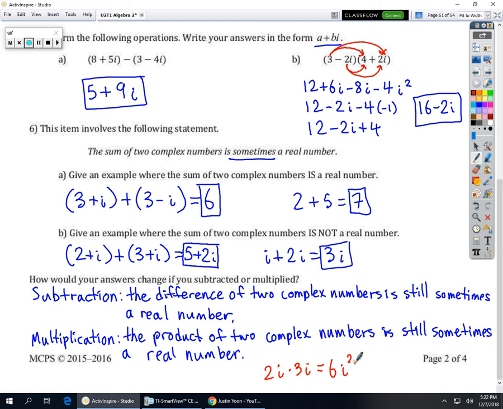Remember, if that's i squared, that is no longer complex. That changes to a real number. This is because the i squared changes to -1, meaning that's -6. So here's one of these sometimes examples where it is a real number. So put some focus on the fact that i squared is -1. Don't forget that fact.